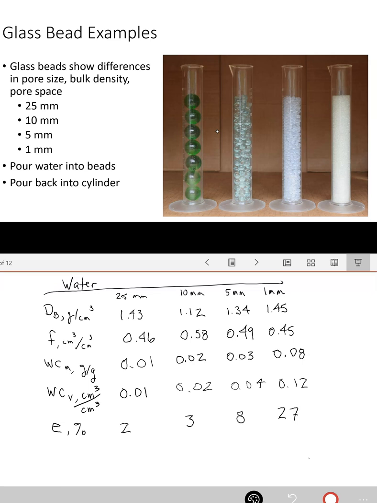After we poured the water back out, a significant amount of water remained in there. When we go to the smallest beads, those 1 millimeter beads, 27% of the pores in those beads are still filled with water. So that's what we see happens as we move to smaller and smaller particle sizes.